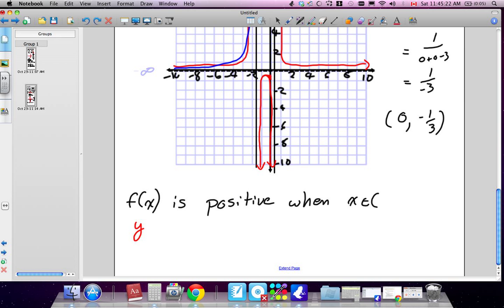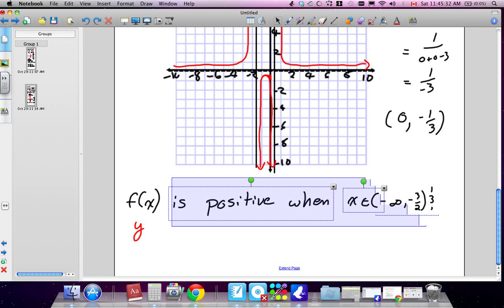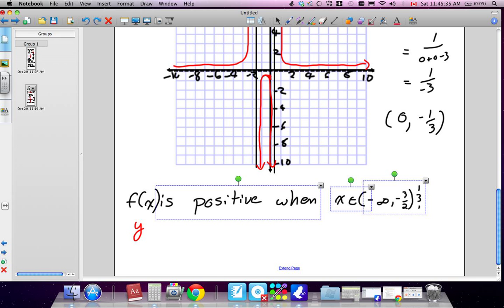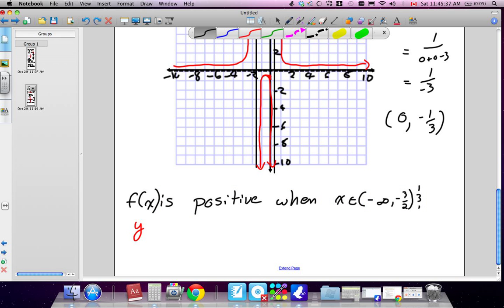From -infinity to -3/2, and it's positive when x is going from what number?